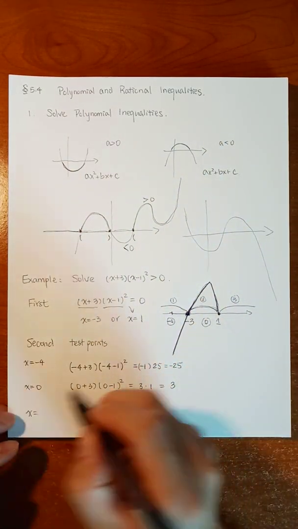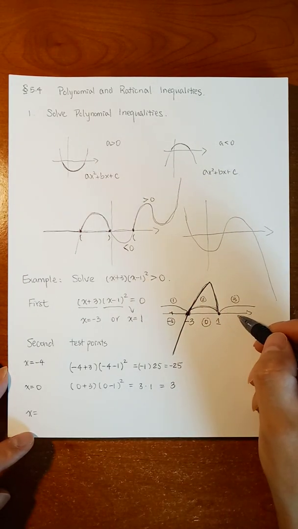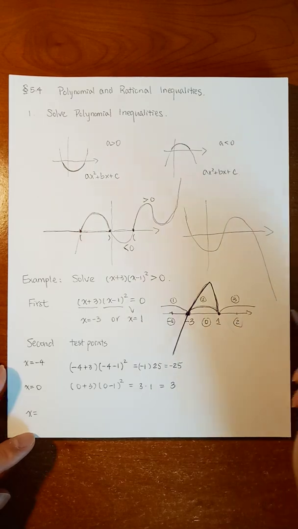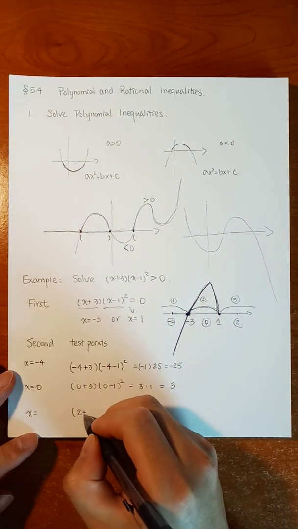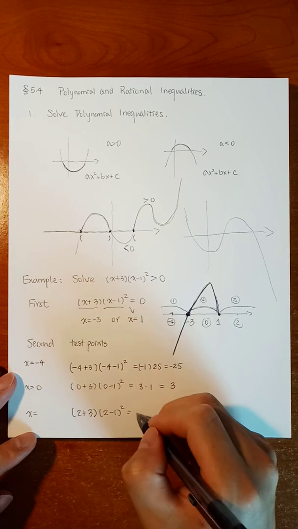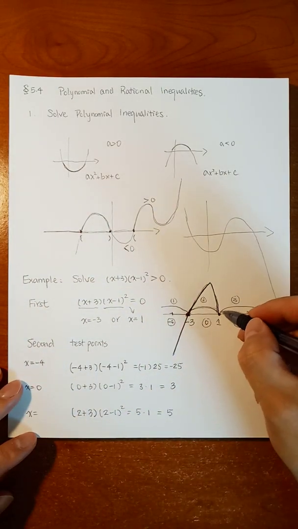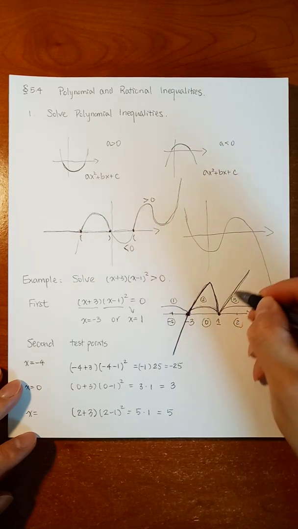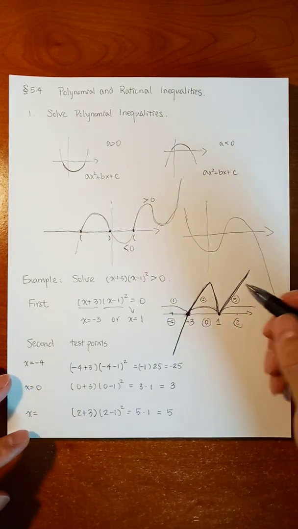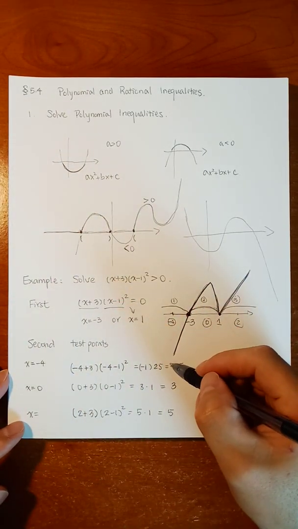And on the right side, I'm going to pick number 2. Number 2 is on the right side. So it's 2 plus 3 and 2 minus 1 squared. 2 plus 3 is 5. 2 minus 1 is 1, squared is 1. It's 5, so it's still positive. See? On the left part, the graph is negative.